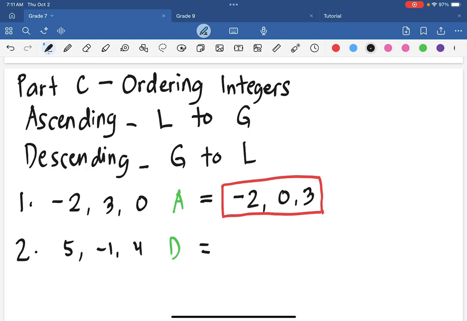So it is from positive to 0 to negative numbers. So based on this, the biggest number that we could see is positive 5. So we need to write 5 first. And then the number that is next or lesser than 5 is 4. That means we are left with negative 1 as the smallest number.